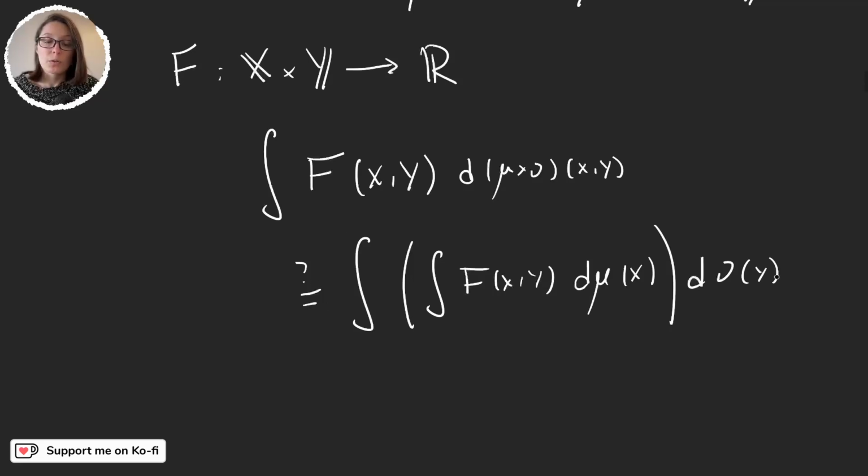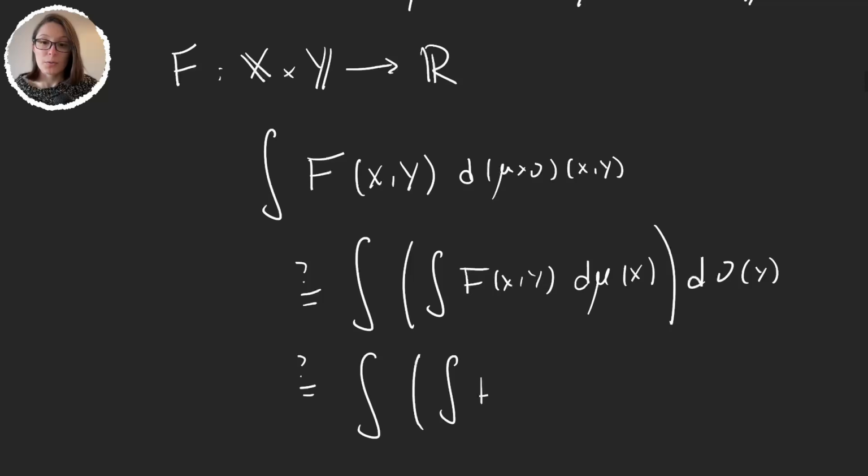Now, we don't know if this is true, it won't actually always hold, but this is the kind of thing that we're now looking for, because we don't really know much about this measure, the product one, but we do know things about each measure individually. And likewise, we can hope for the same thing to hold, but now integrating in the reverse order. Let's say now we first integrate f with respect to nu, and now this will be a function of x, so we will integrate this with respect to mu.